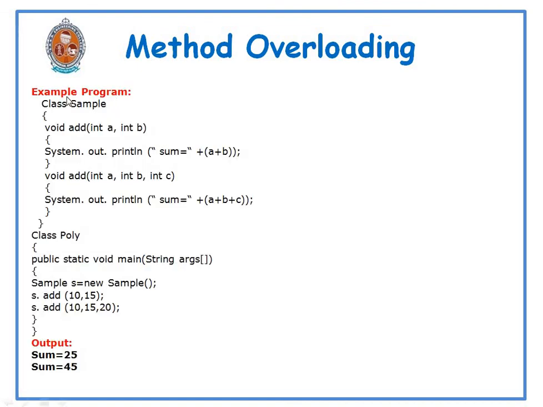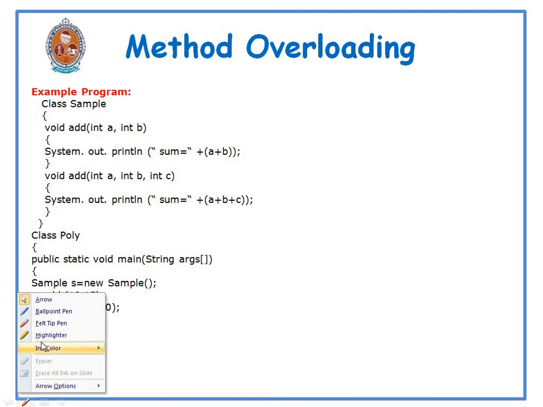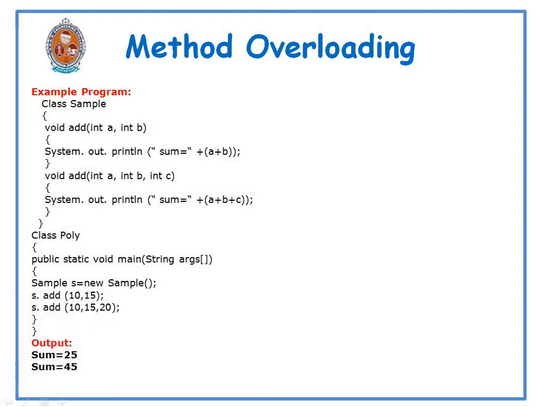Coming to the example, in this program we have two classes: one is Sample and another one is Poly. Inside the class Sample we have defined two methods.